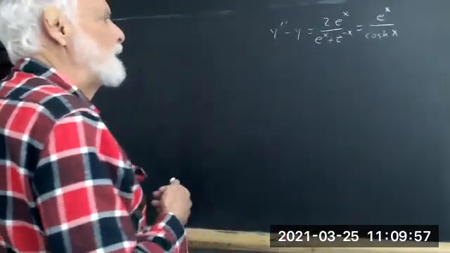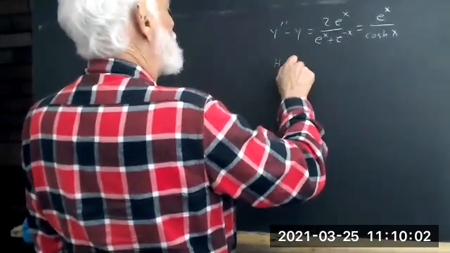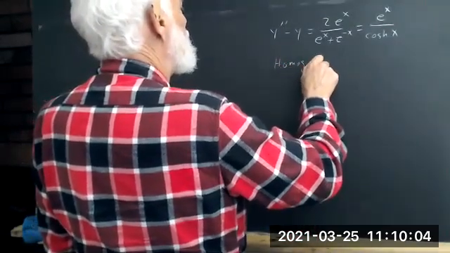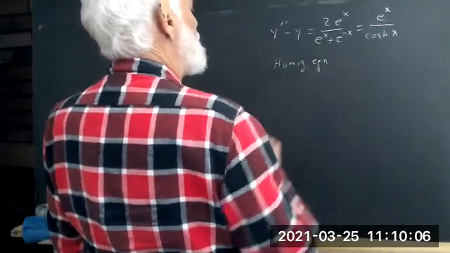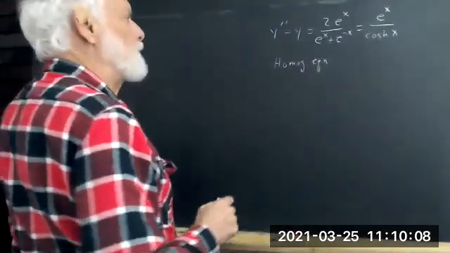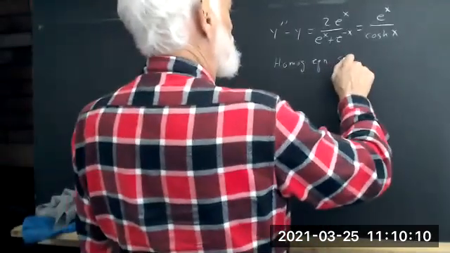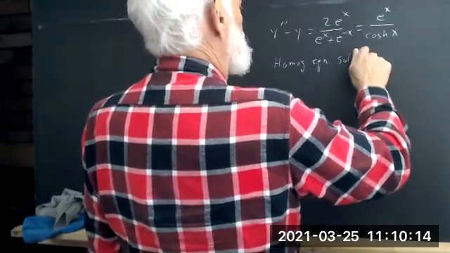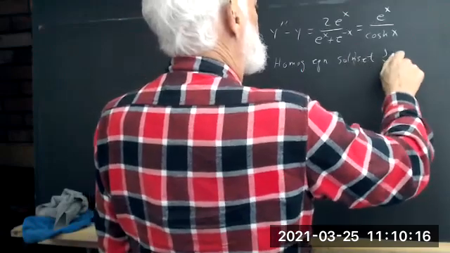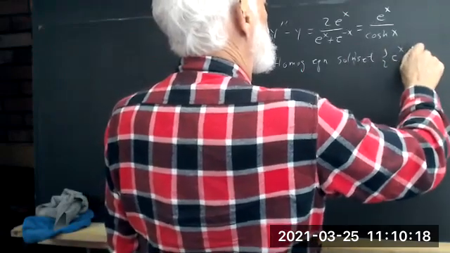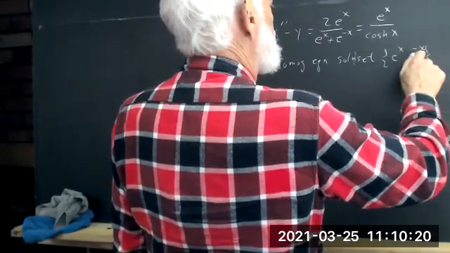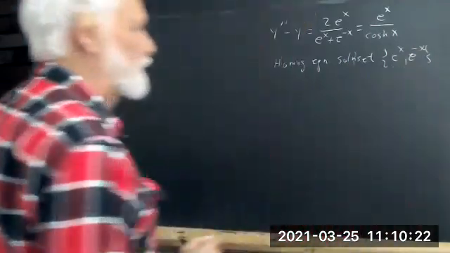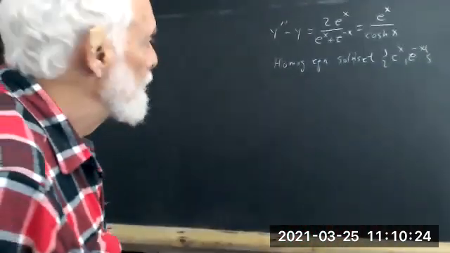You never know. Okay. Anyhow, your homogeneous equation, your solution set is e to the x, e to the negative x.